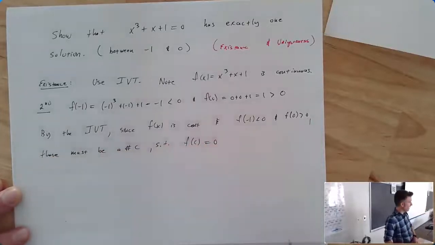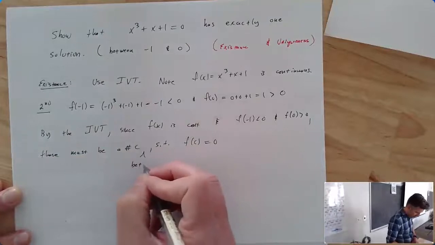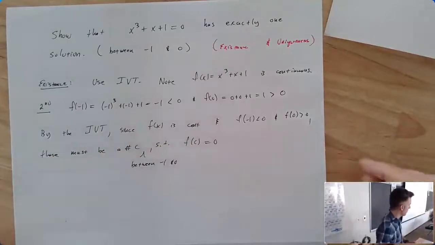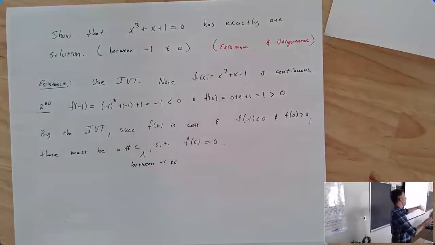Oh, I forgot to say where c lived. There must be a number c between -1 and 0 such that that function is equal to 0 then. We don't know what c is. We're never going to know what c is. Totally fine. No one asked us to find what c was. They just asked us to show that there was one and that it was the only one.